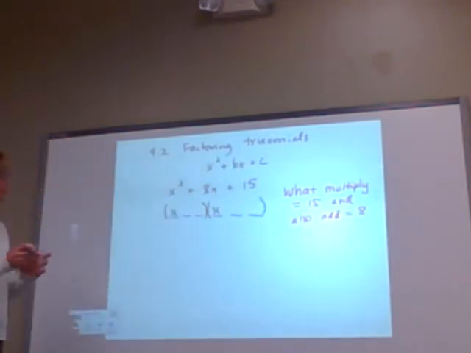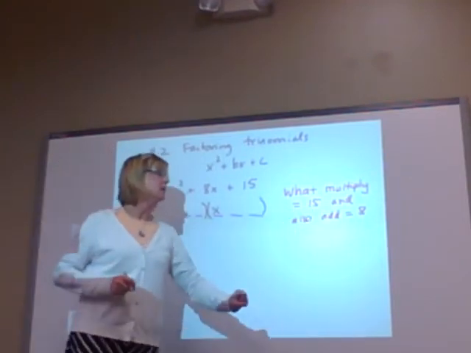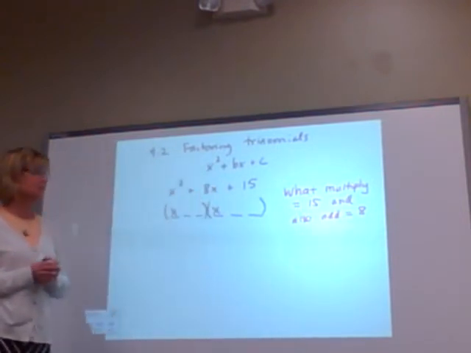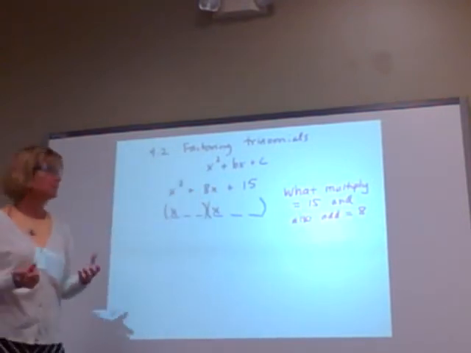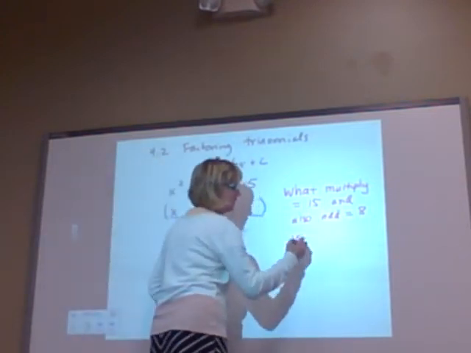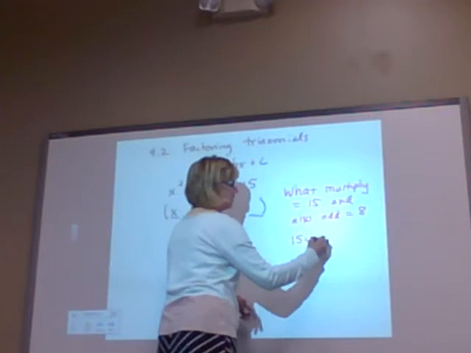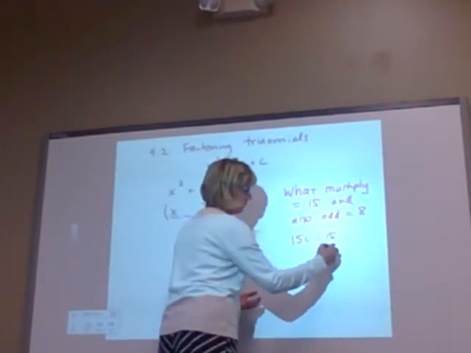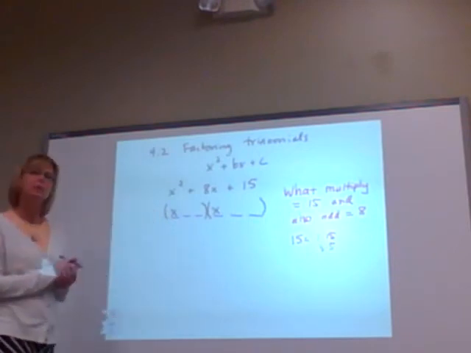What is a unique pair of numbers that would multiply together to be 15 and add together to be the middle coefficient, or 8? The way that I usually think about this is I start with the number 15 and I just start writing down pairs. 15 can be written as 1 times 15 or 3 times 5. Not a lot of choices there. That's a pretty easy one.